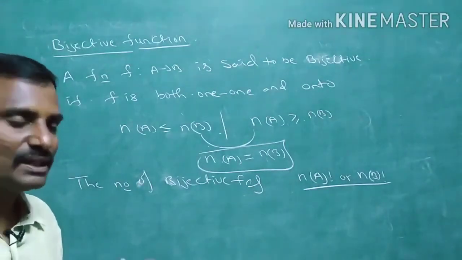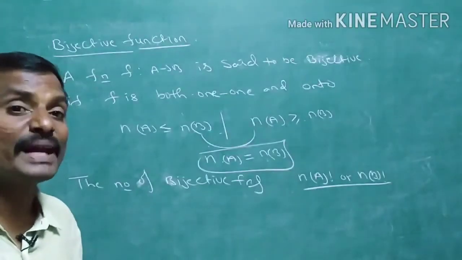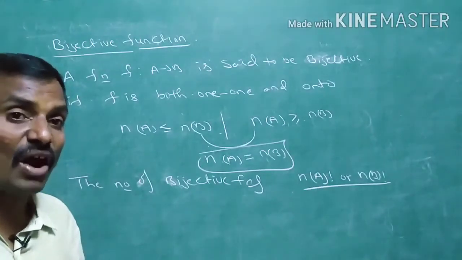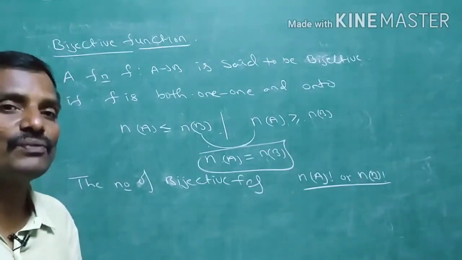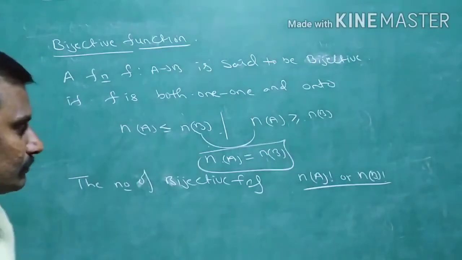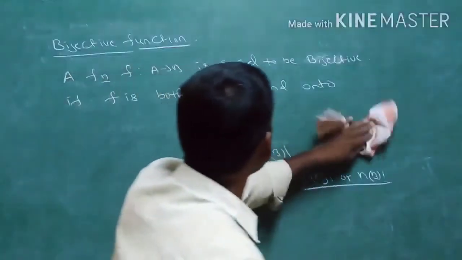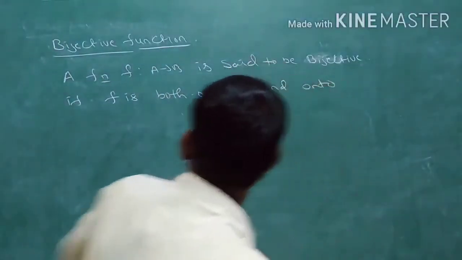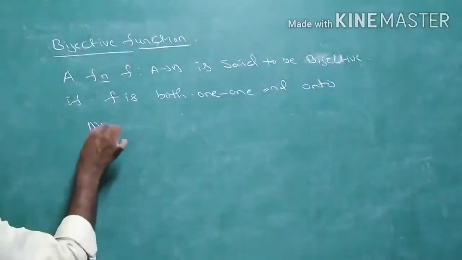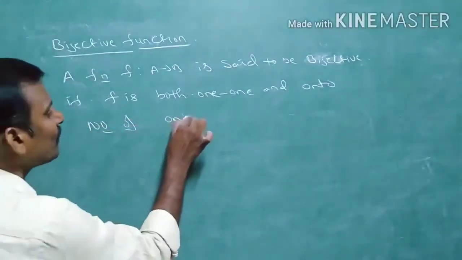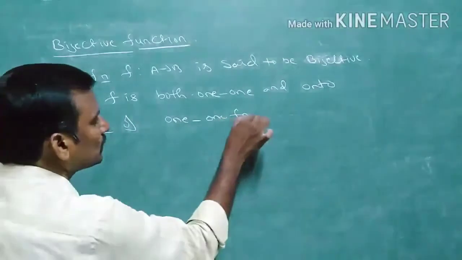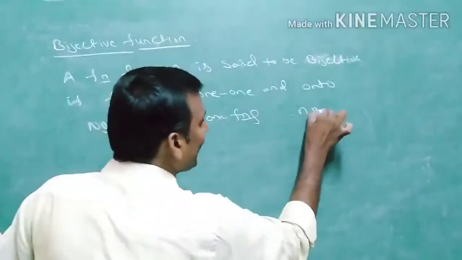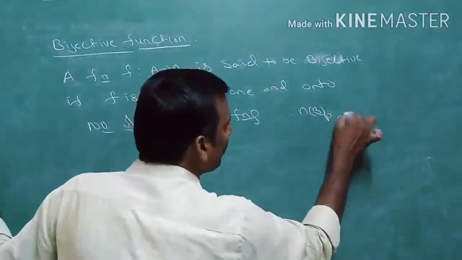Okay. If f is not one-one, that is a many-one function. If f is not onto, that is an into function. Okay. So let us recall the formulas. Number of one-one functions is nPm style: n(B) P n(A).